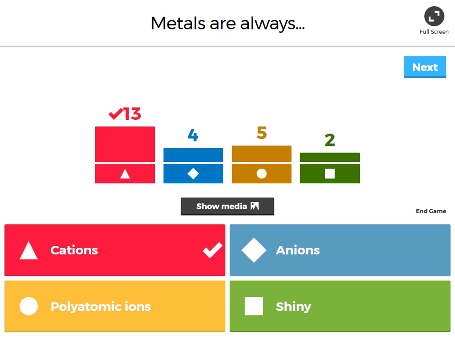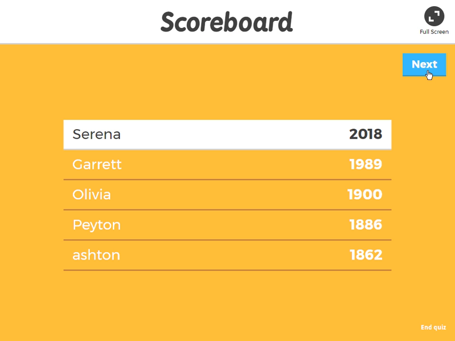Alright, so cations are formed because metals all have less than how many valence electrons? We can say less than 100, guys, but let's get specific here. Look at the metals over here. They all have less than 4. So if you've got less than 4, are you going to gain? No, you're going to lose electrons, which makes you a cation.